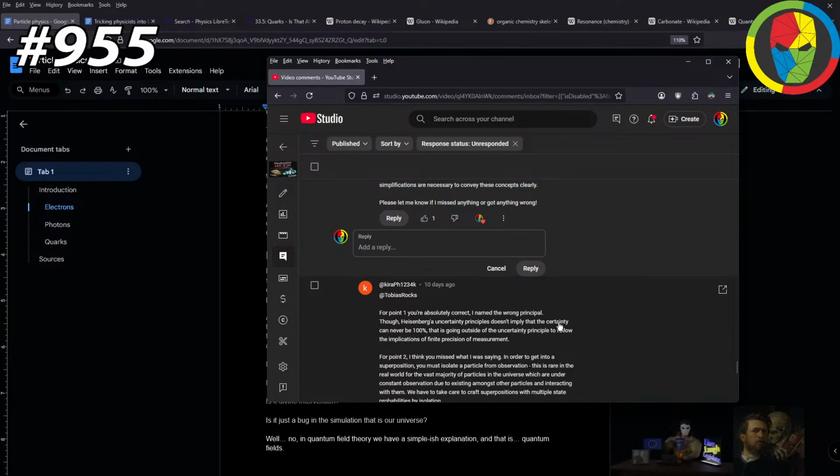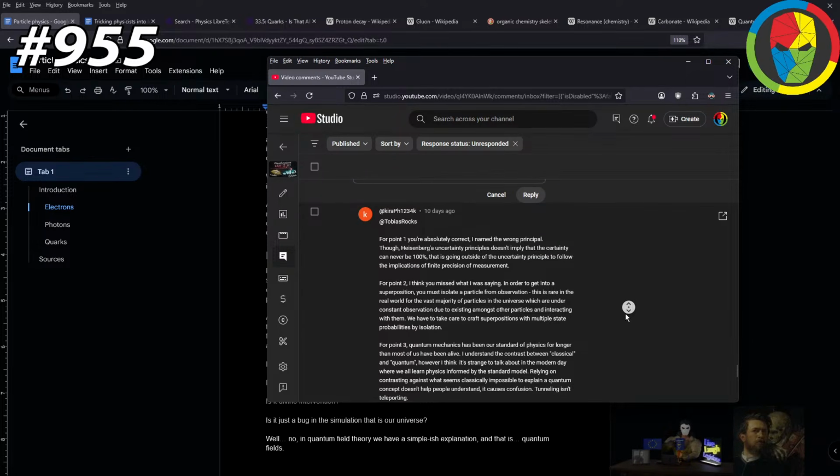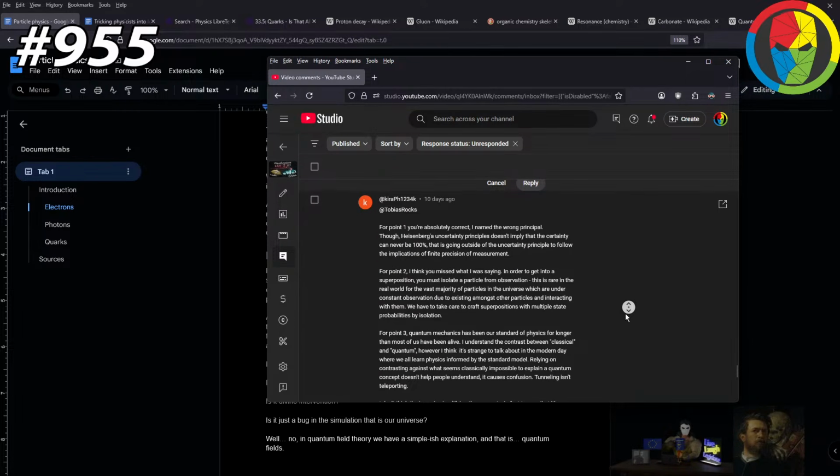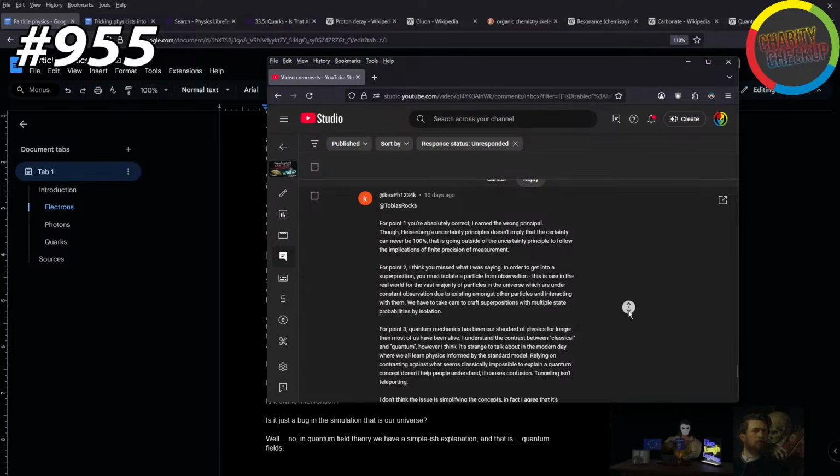Correct, and in the wrong principle, the first bring a superior doesn't imply that certainty can never be 100%. That's going inside of the principle for application of finite precision measurement. Sorry, what? For point 1, you're absolutely correct. I named the wrong principle. Yes. Though Heisenberg's uncertainty principle doesn't imply that the certainty can never be 100%.